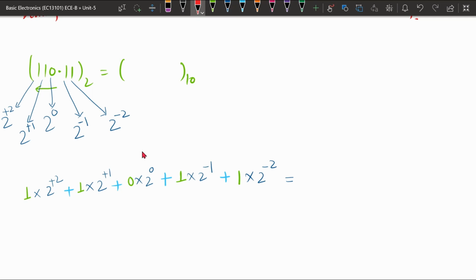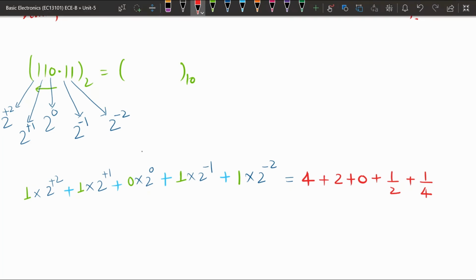So it is 1 multiplied by 2 to the power 2, that is 4, plus 1 into 2 to the power 1, that is 2, plus 0 multiplied by something is 0, plus 1 multiplied by 2 to the power minus 1, so it is 1 by 2, plus 1 multiplied by 2 to the power minus 2, that is 1 by 4, since minus 2 is on the downside it becomes plus 2.